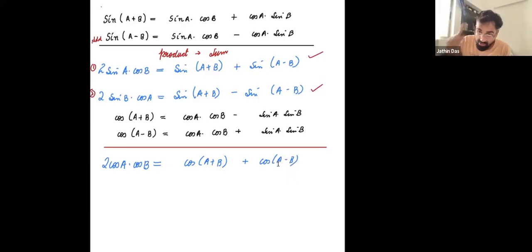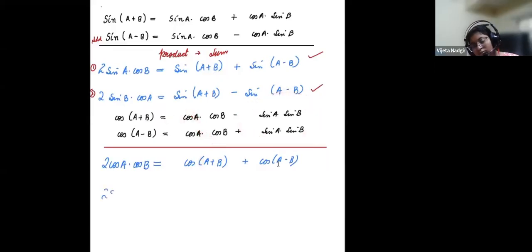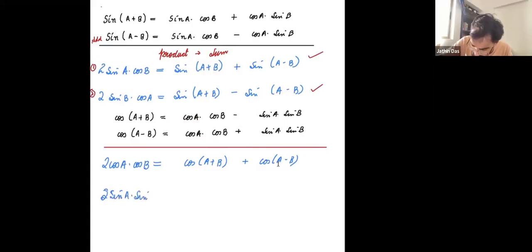Now, listen, this is very important. When there is a minus, what will happen? There is a problem, because both will be negative. It is weird. So I will subtract this equation from the previous one below. So what will happen? I want 2 sin A sin B. What should I do?